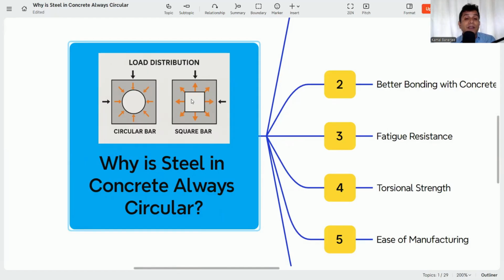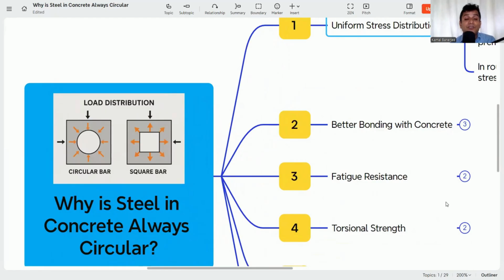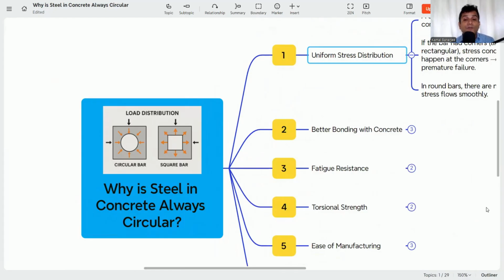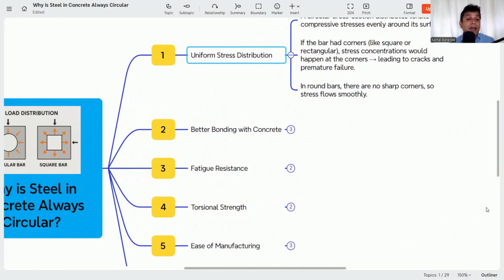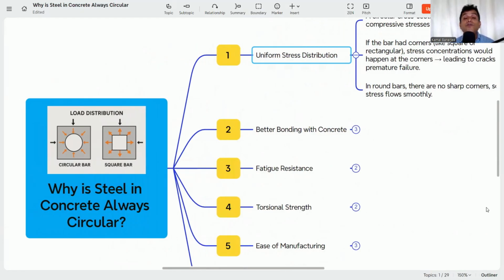So the load distribution will be different. But here it is coming from the center of the circle. Each and every point of the circumference is the same distance, so the load distribution will be the same. But here you can see the corner point is at more distance, but the center point is at less distance. So there will be uneven stress distribution if we are using any other type of steel. But in the circular one, it's a uniform load distribution.